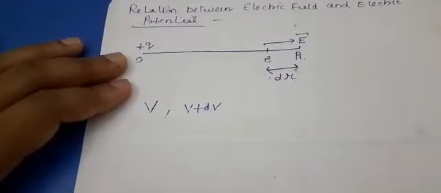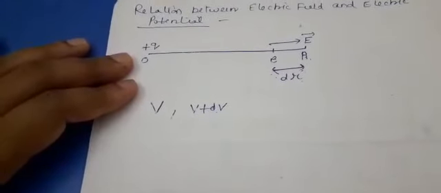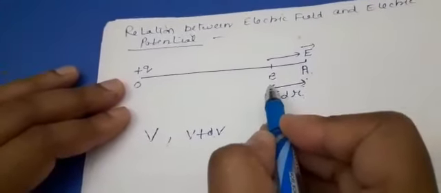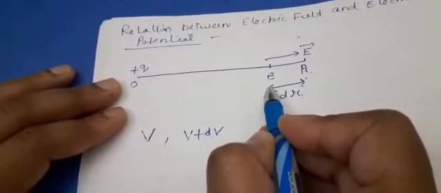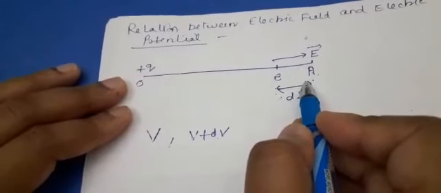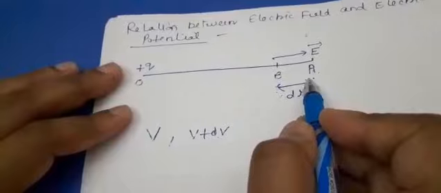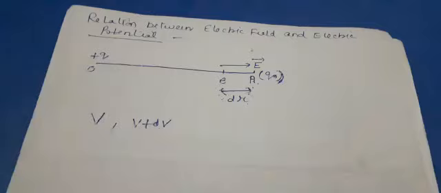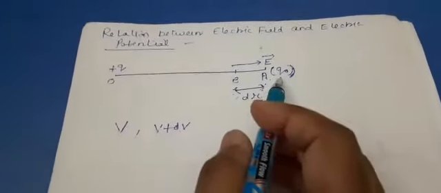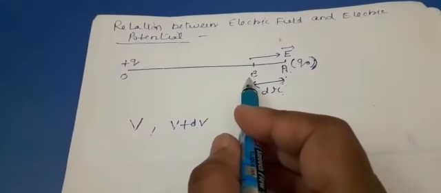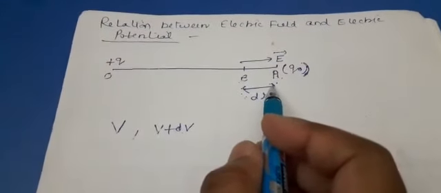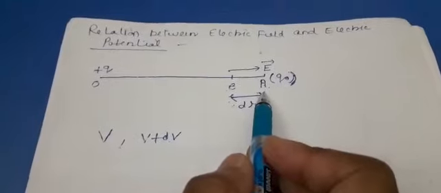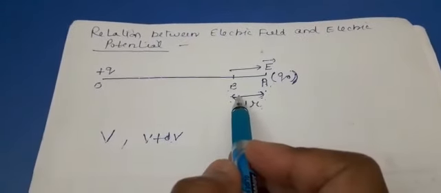So now, when we have to move a charge from point A to B, force will be required to move any charge. So let me assume that a test charge Q0 is present at point A. To move this charge from point A to B, we have to do some work, which will be against the electrostatic force of repulsion.